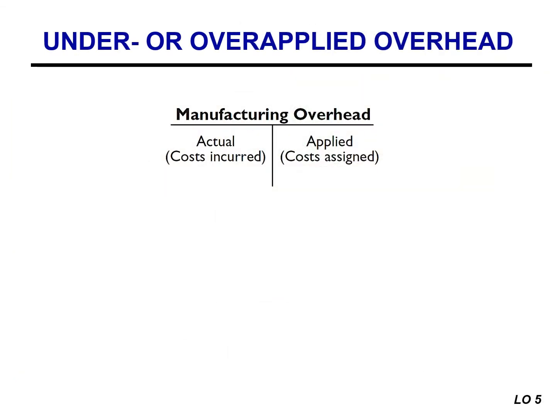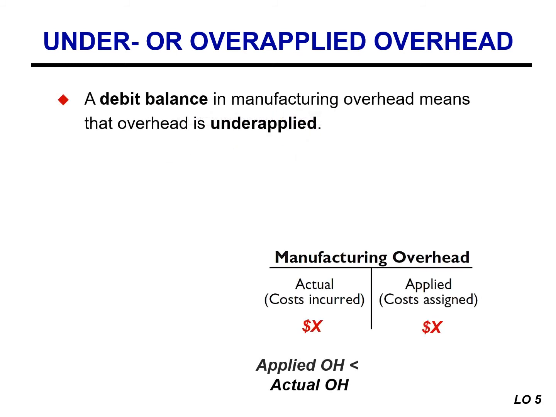During the accounting period, we debit manufacturing overhead for actual cost and credit this account for the amount applied to work in process inventory, as well as each individual job. At the end of the year, the manufacturing overhead account will likely have a remaining balance. When manufacturing overhead has a debit balance, overhead is said to be underapplied.